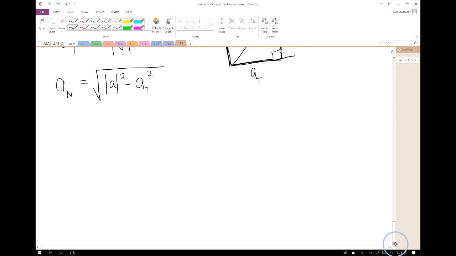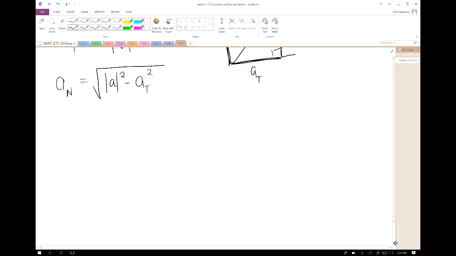I think this concept is really neat because we can take an acceleration for a vector valued function. The curve, we have no idea what the curve looks like, but just by finding our tangential and normal components of acceleration and comparing them, we can decide if we're at a spot on our curve where we're just driving straight, or we're at a spot that's very curvy.